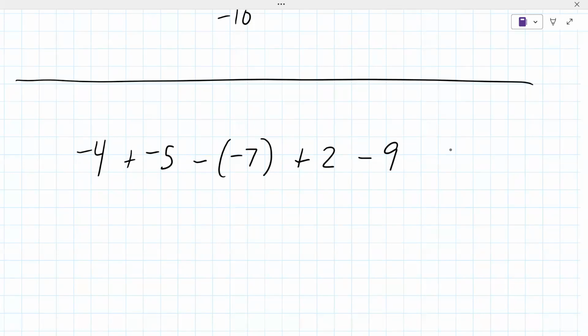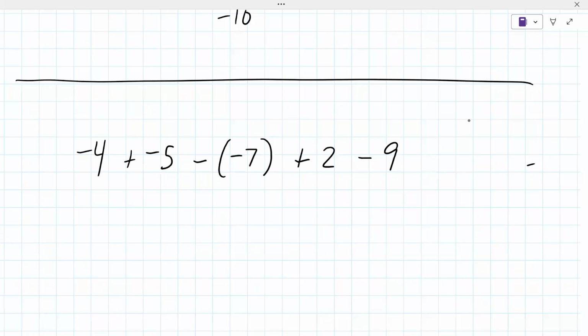These two are different signs, so 9 take away 7 is -2 plus 2 plus -9. Two different signs. So that'll be 0 plus -9 equals -9. Okay, my final answer is -9.